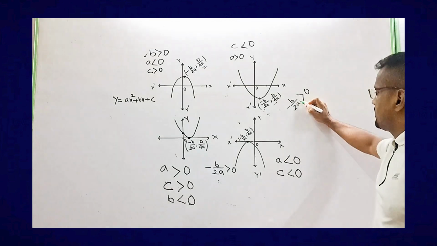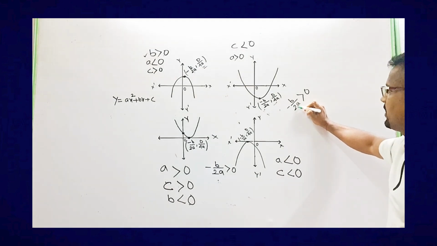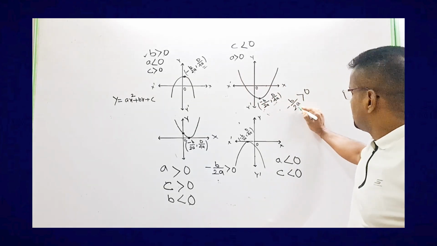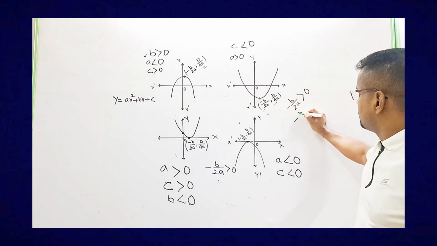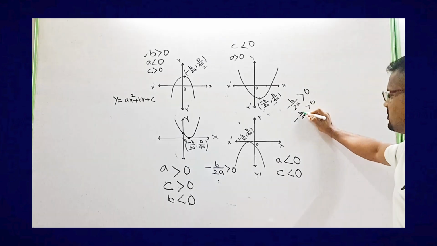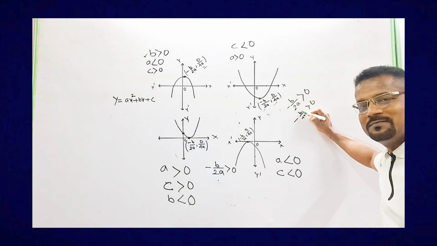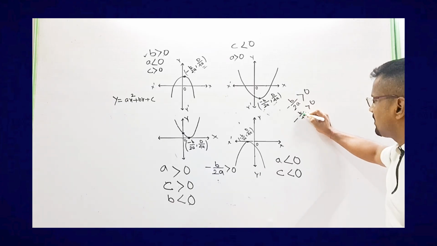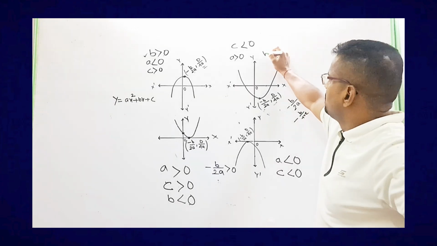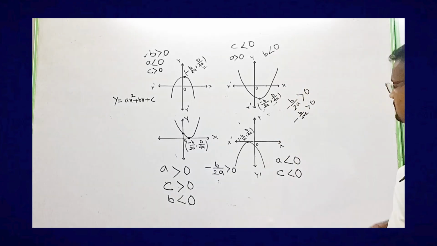So if this is greater than 0, what about the sign of twice a, which is already decided? Because a greater than 0 means the denominator is positive, minus b by some positive number is greater than 0. Then 100% sure b must be negative. If b is negative, minus minus plus, the greater than 0 condition is satisfied. So here the b value is less than 0.